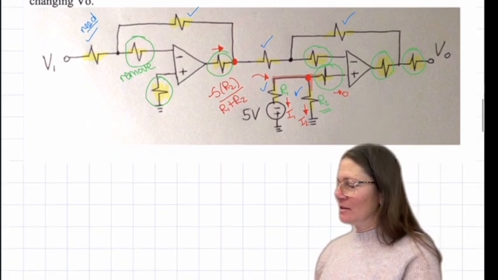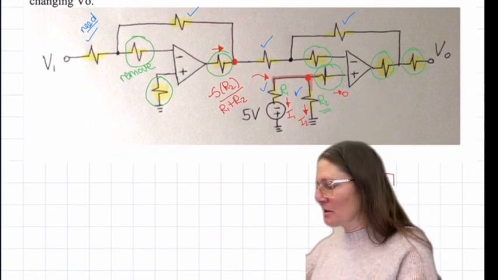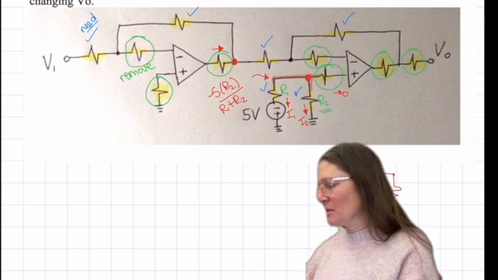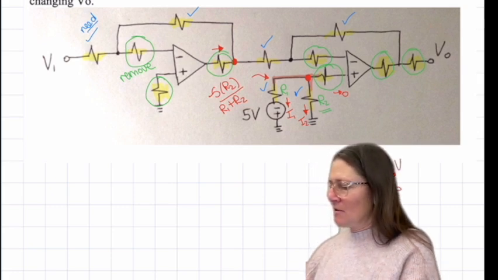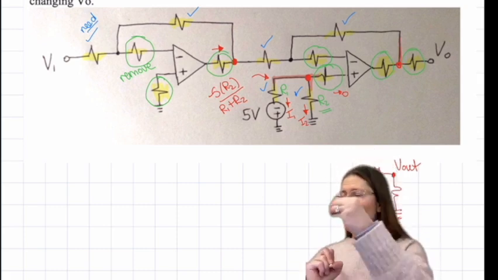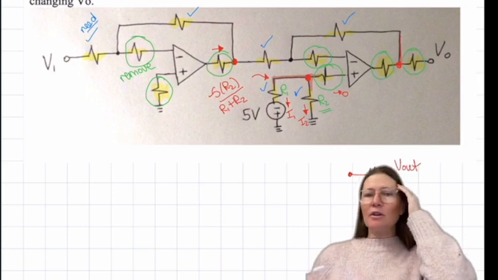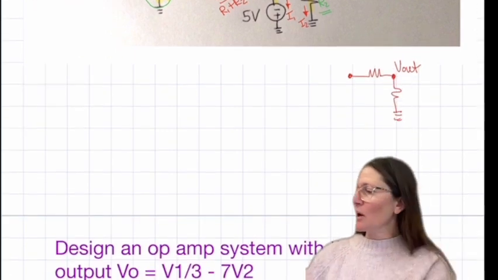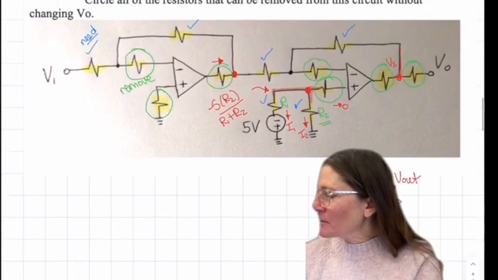But if I actually put this on the output and put my V out here, this node here would stay the same as far as the output of that subtracting, and then it would go through a divider, so Vx.